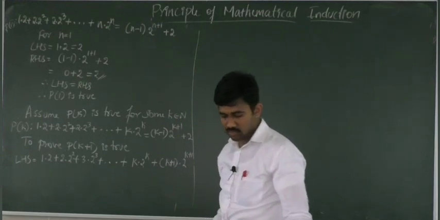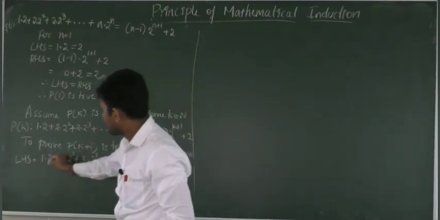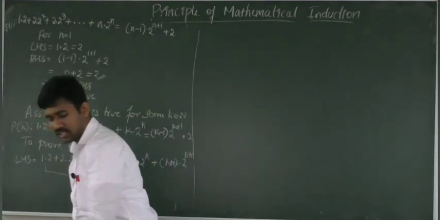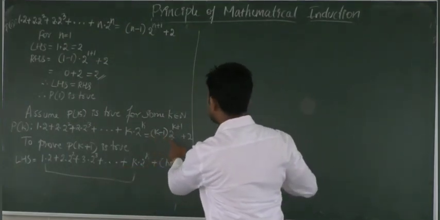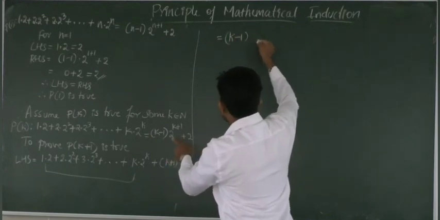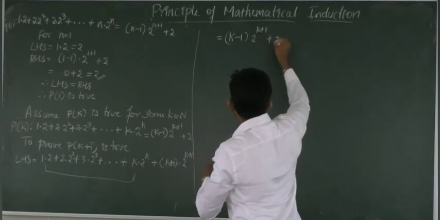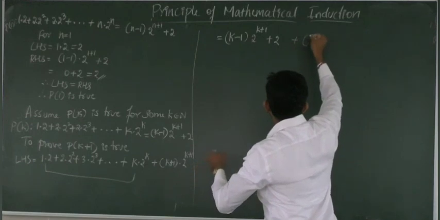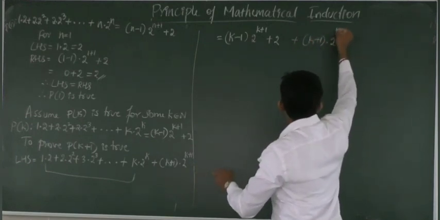This is the statement of the given question. The first k terms' value we already assumed, that is equal to (k minus 1) into 2 to the power k plus 1, plus 2, plus the next term (k plus 1) into 2 to the power k plus 1.